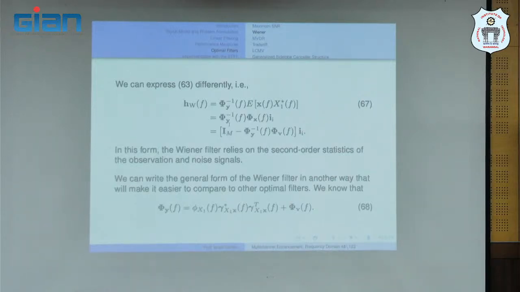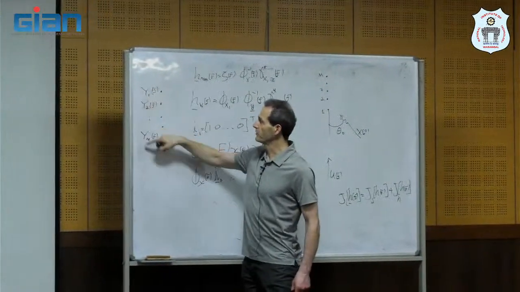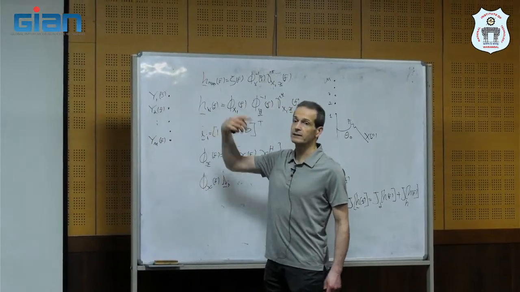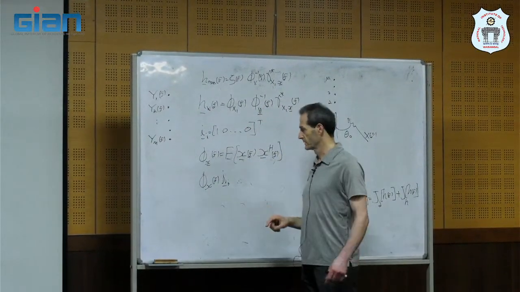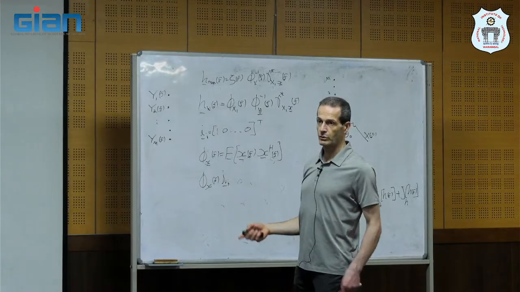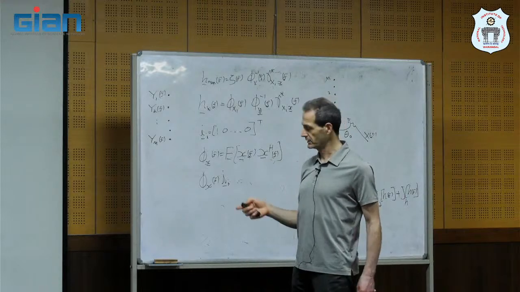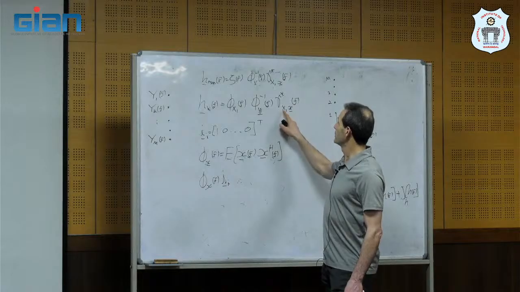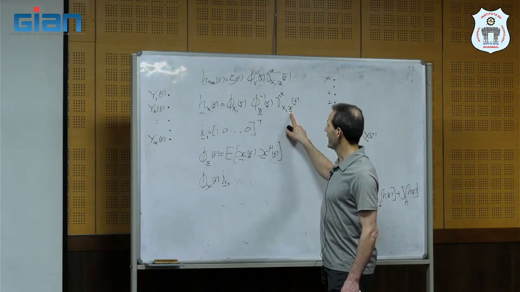Okay, so when we ask this, think about what do we have. This expression, this filter depends on phi y minus 1. So we need to invert this matrix, the correlation matrix of these measurements. So we find these correlations, and we need to invert this matrix. Also, we have it here, phi y minus 1. So we need this same information in both expressions.